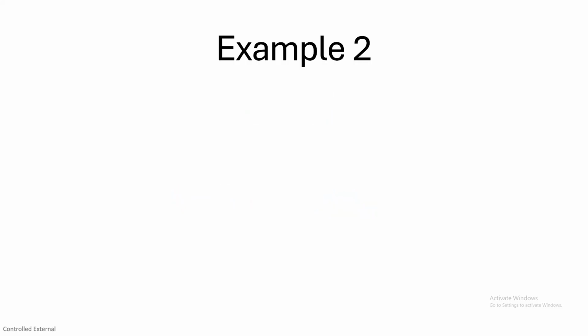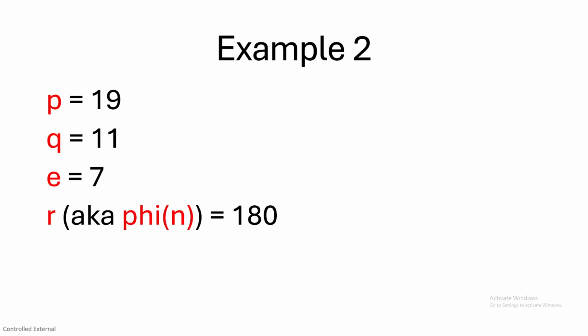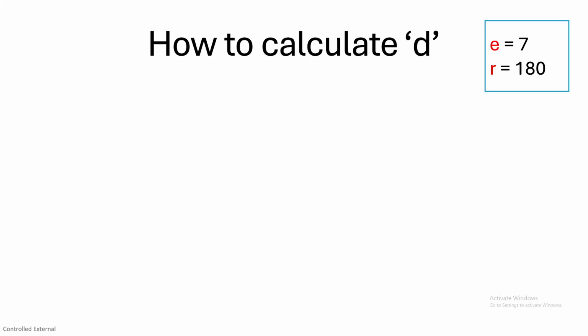Now I'm going to do a separate example with slightly bigger numbers to demonstrate another option. So we've got P equals 19, Q equals 11, E equals 7 this time, and then our phi of n is 180. So again, I'm going to plug those numbers into the top right, and then we're going to do the exact same thing we did last time.